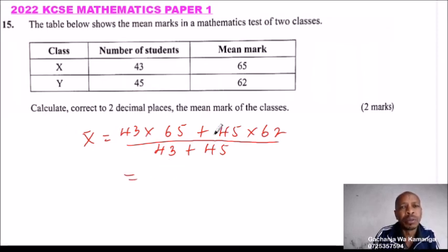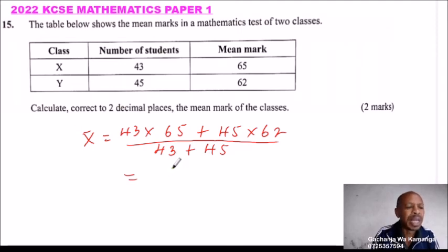So by computing that, you should be able to get the mean mark. You can use your calculator and just feed in the figures: 43 multiplied by 65 plus 45 times 62. Then you divide by 43 plus 45, that is 88.